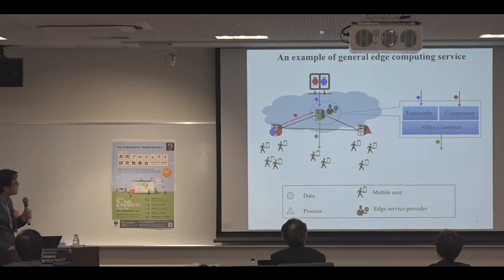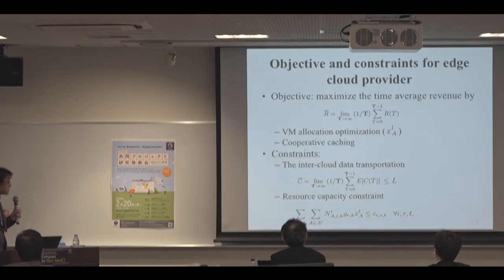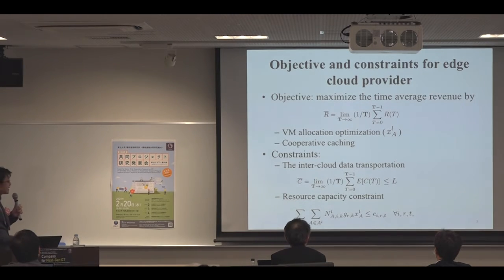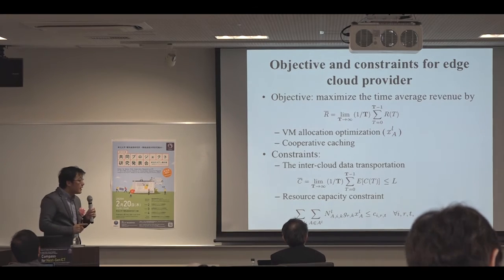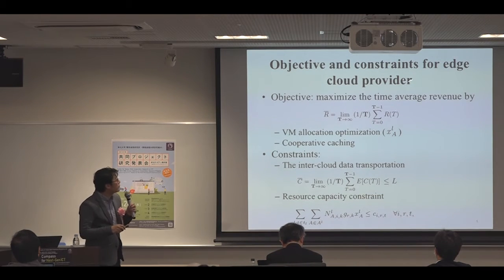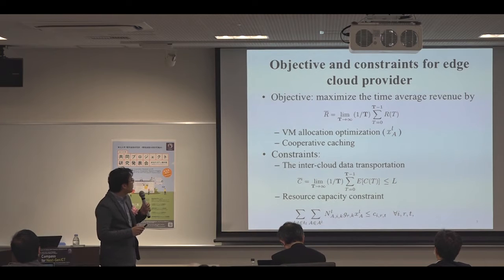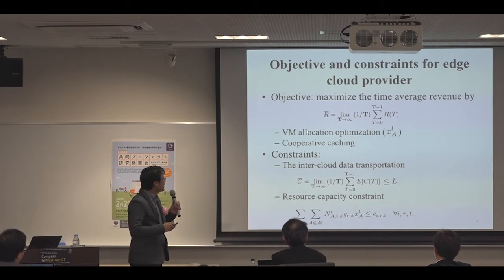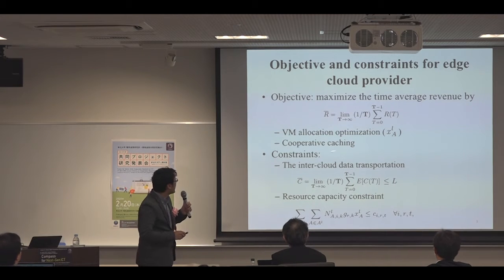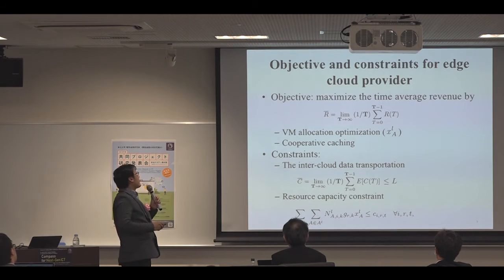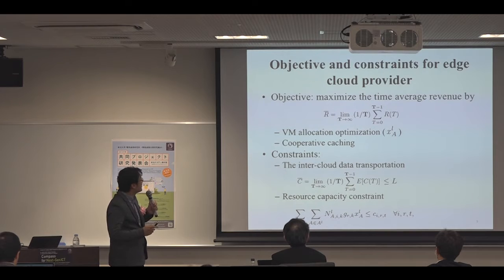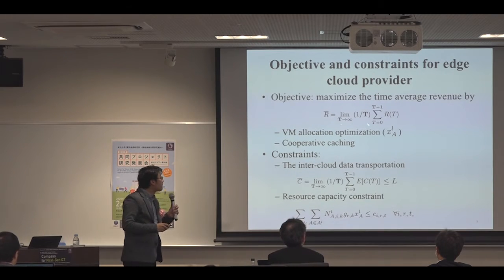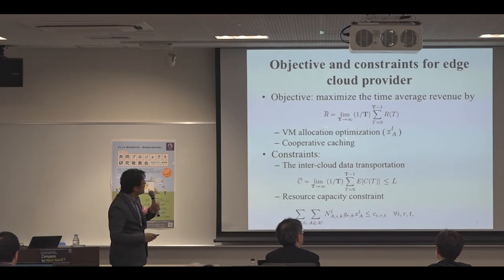The basic problem from the standpoint of the edge cloud provider is to maximize the revenue by carefully allocating the virtual machines and carefully collecting and locating the cacheable data in a very clever way.